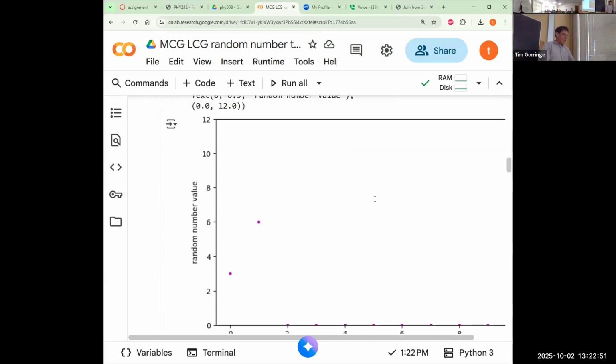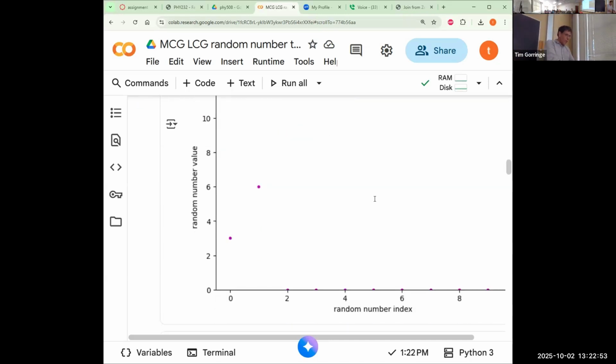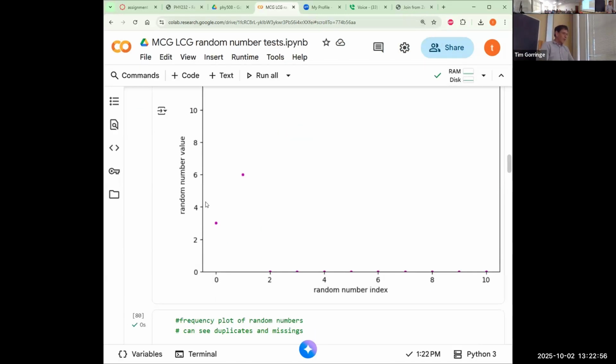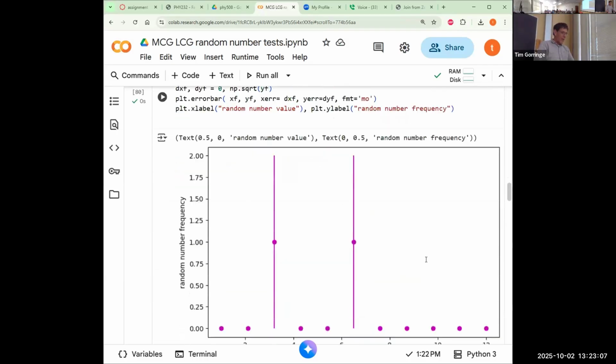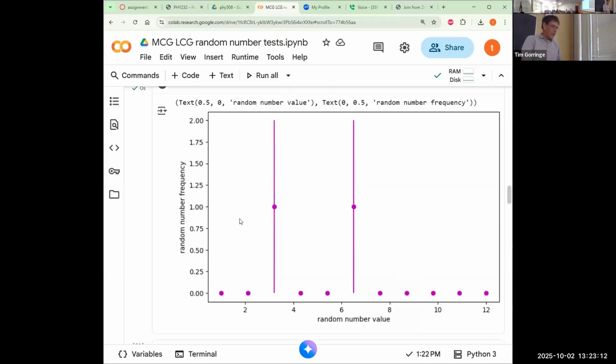Downstairs here, I've got a bunch of plots that will become more interesting. The first plot is the values of the random numbers that I generated. Well, I generated a 3 and a 6, and then a whole bunch of zeros, so not very random. Here is the frequency of the random numbers that I generated: 1 of 3 and 1 of 6, and I didn't generate any other numbers.